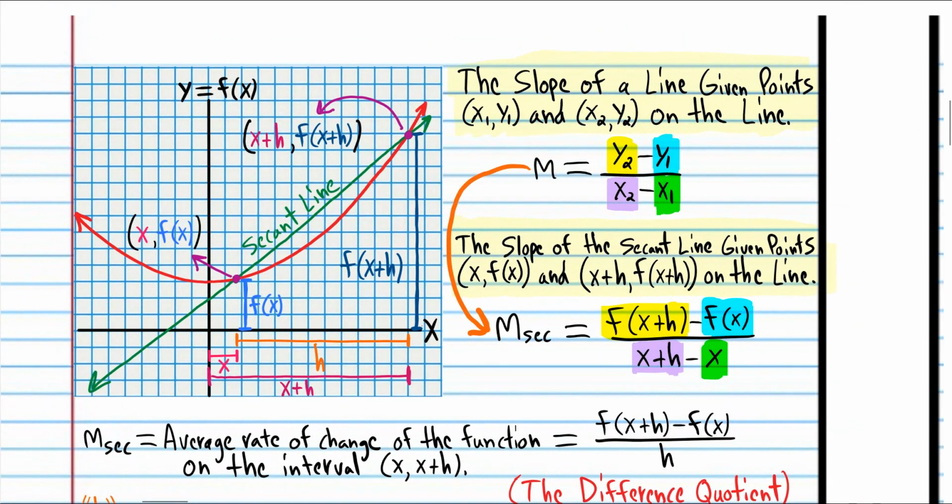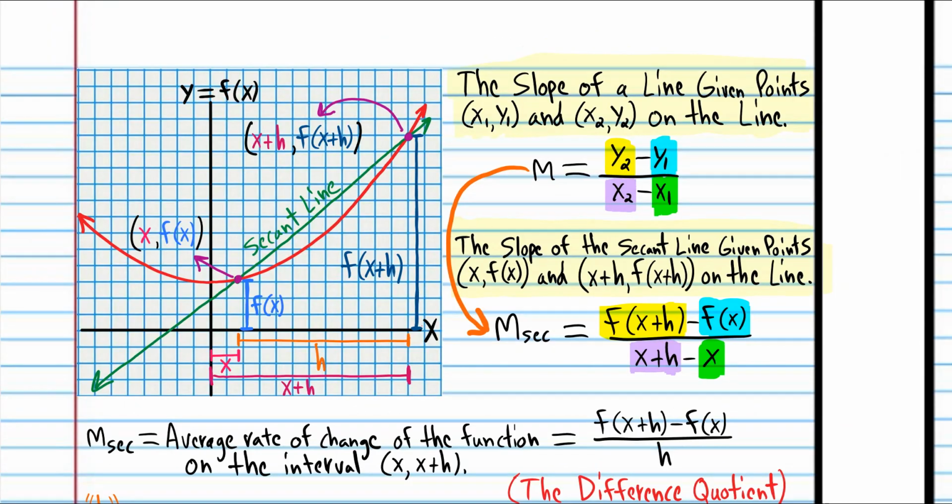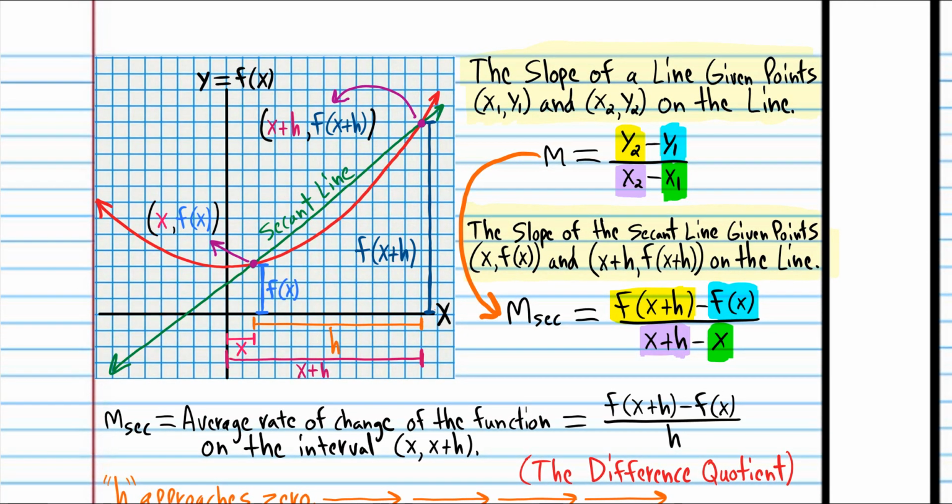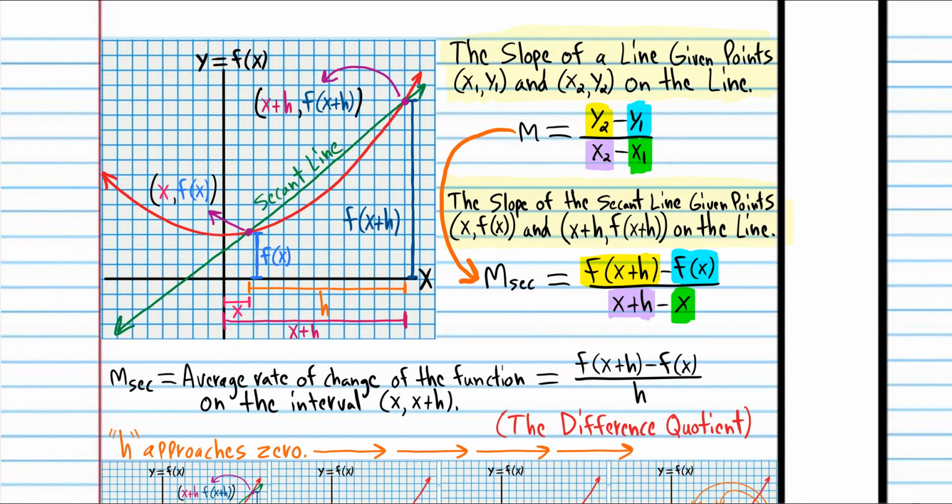So we learned in previous classes that the slope of a line is equal to this expression here if we have 2 points on the line. If we have the coordinates of 2 points on the line, we can find the slope of the line given this formula. So we're going to use this formula to find the slope of the green secant line using those 2 purple points.